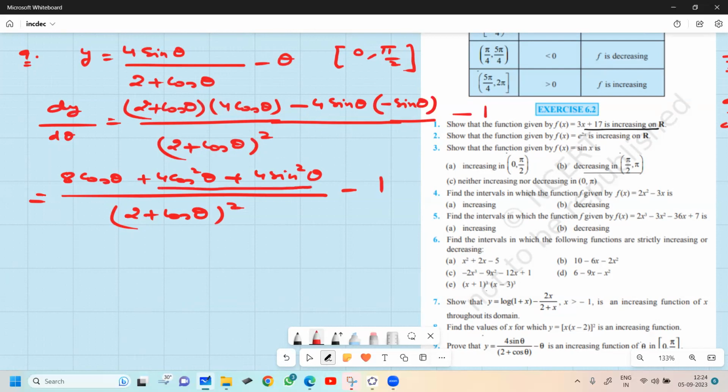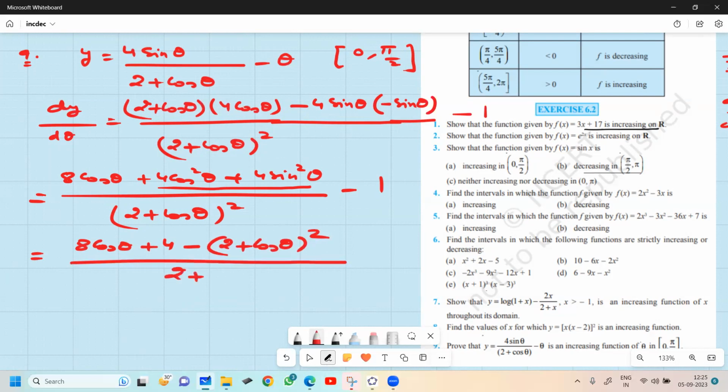Now, if I take 4 common from here, cos square plus sin square theta is 1. So, it is 8 cos theta plus 4. I am taking the LCM now, minus (2 plus cos theta) whole square upon (2 plus cos theta) whole square.